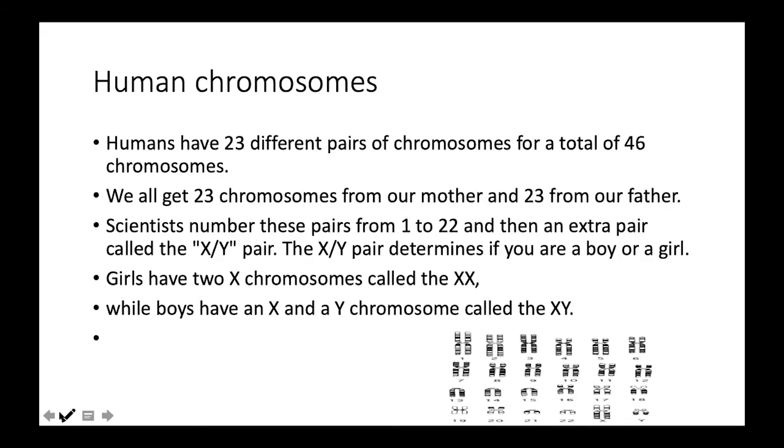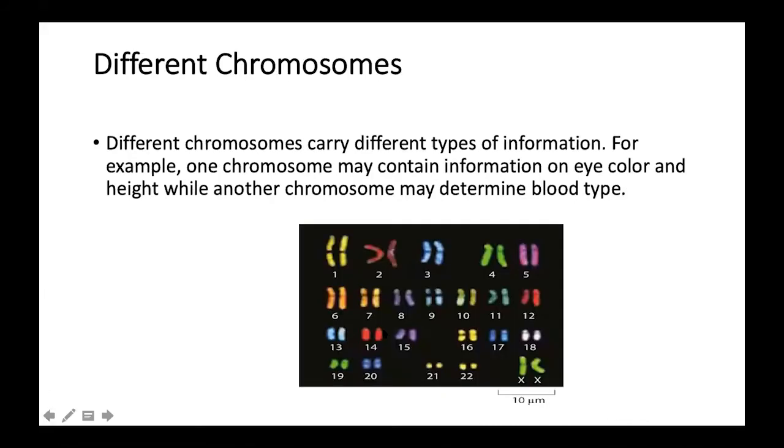All chromosomes from 1 to 22 are labeled with numbers, not with specific names. And these pairs from 1 to 22 have different roles and different instructions for the cell. There exists an extra pair of chromosomes, the last one.